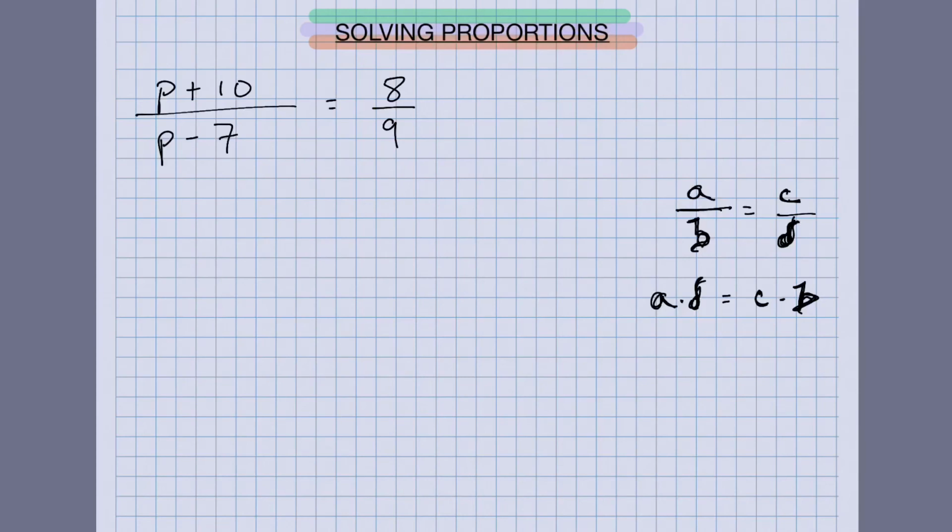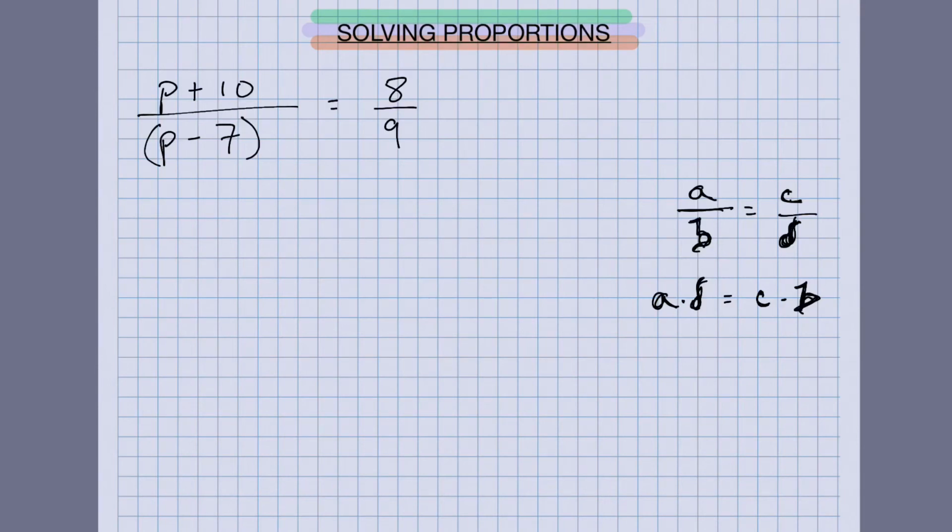Alright, p plus 10 divided by p minus 7 equals 8 over 9. So we're just going to do the same thing. Okay, what you want to do is put these in parentheses here like this. So on the left, we're going to get 9 times p plus 10. And on the right, we're going to have 8 times p minus 7.